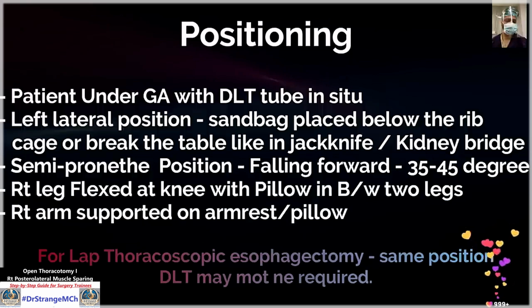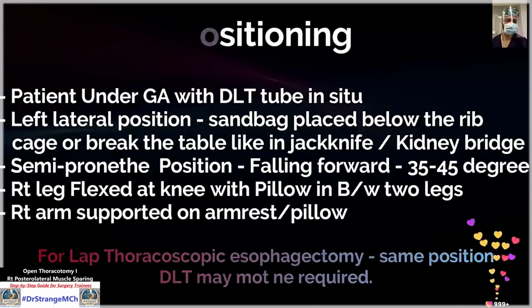Friends, for thoracoscopic or laparoscopic assisted esophagectomy, the same position is used that we have described just now, and we have moved from the prone position to this semi-prone position, that is falling forward position, and in case conversion is required, without changing position, we can do the thoracotomy in the same position.